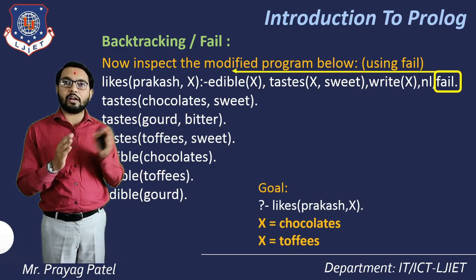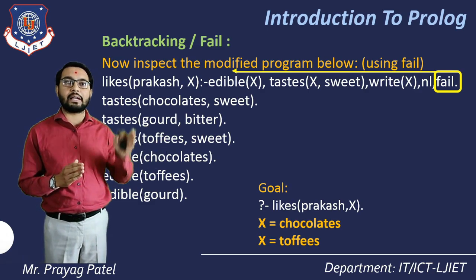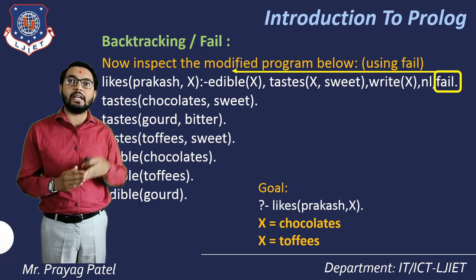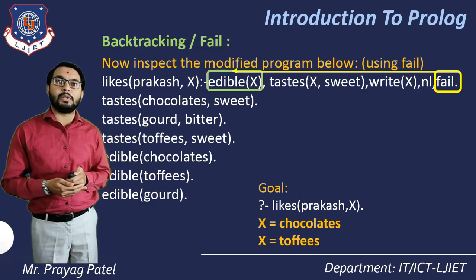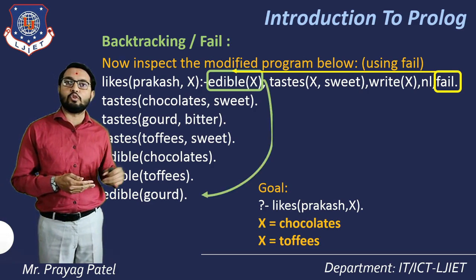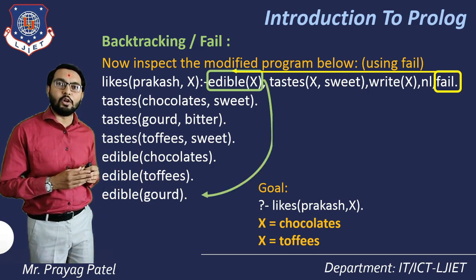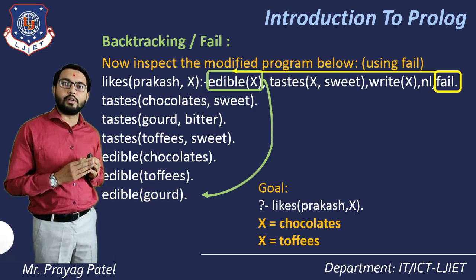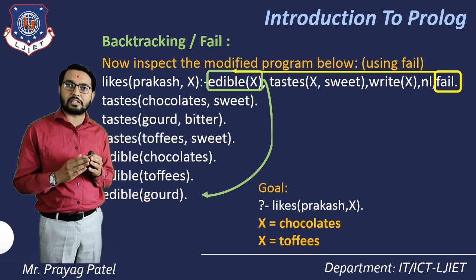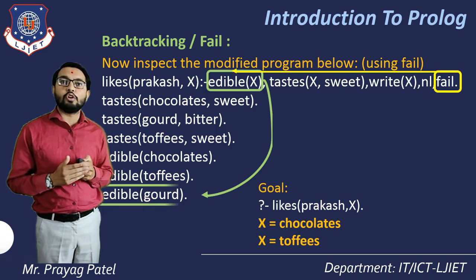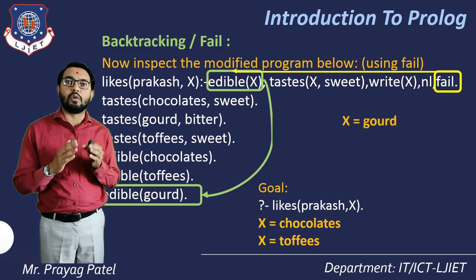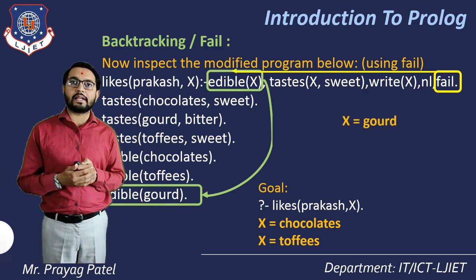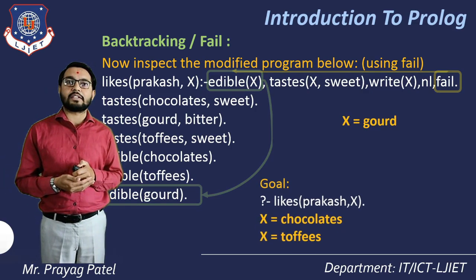The fail command backtracks on the first line. So backtrack on the edible x once again. What is the value of x for the next statement? Check the new value for edible x. The last statement for edible is goat. So consider the value of x equal to goat. Now check the command taste x sweet.